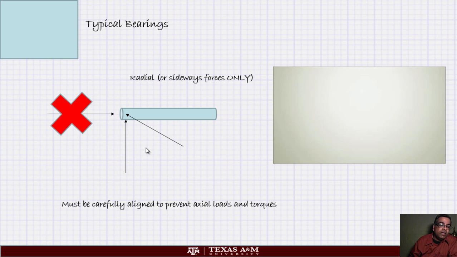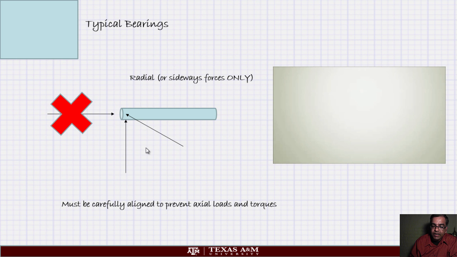Not only that, they have to be extremely carefully aligned so that you don't apply moments at the bearing. If there are moments at the bearing, the ball will wear out and you will get jammed. Okay, so typical bearings don't sustain any moments. They only allow forces perpendicular to the shaft.